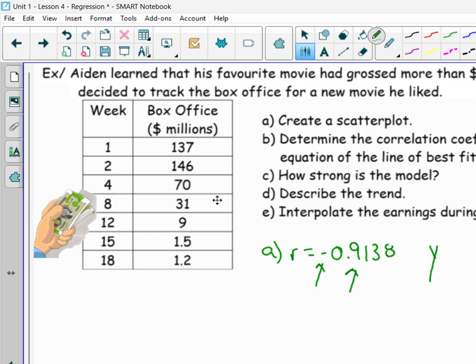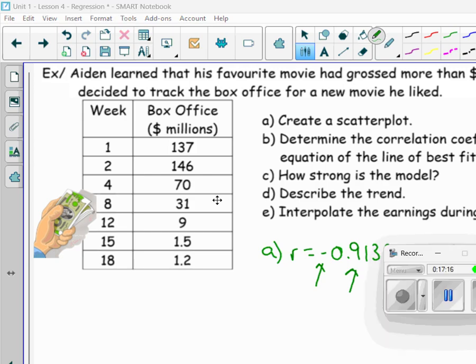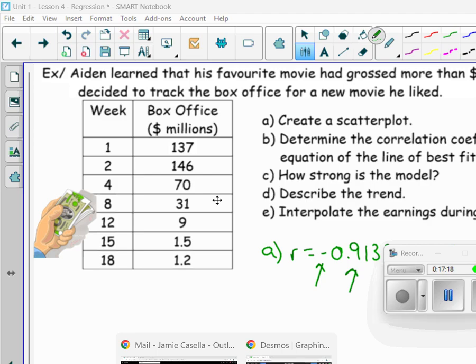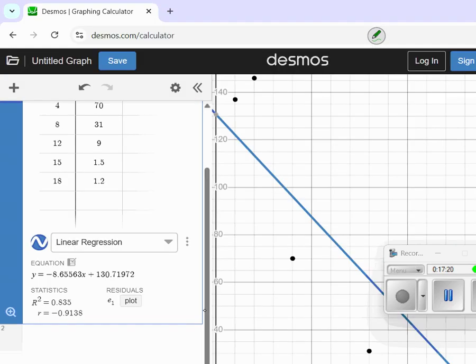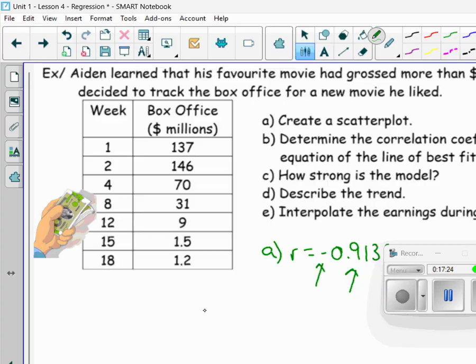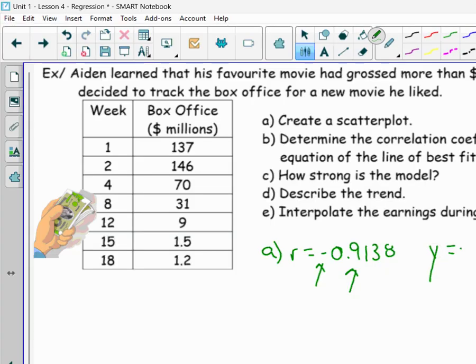And our line of best fit is y equals negative, let's go 2 decimals here, 8.66. And it was minus 142 point, what was that number?